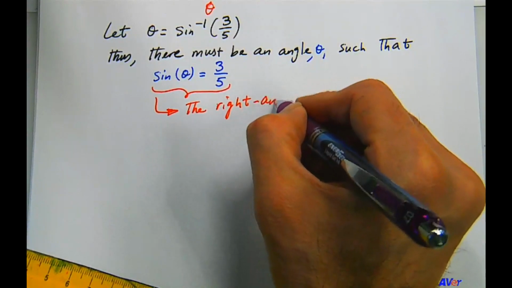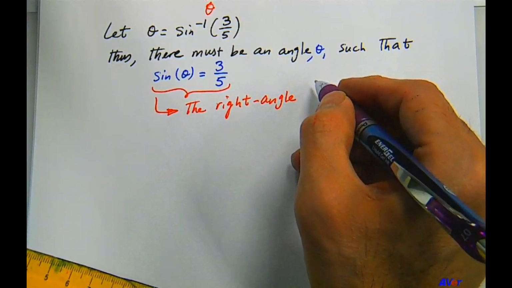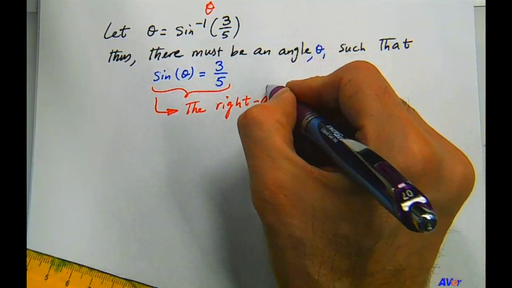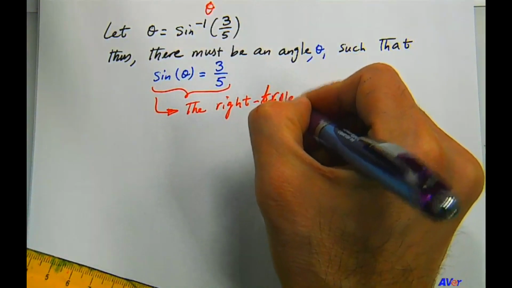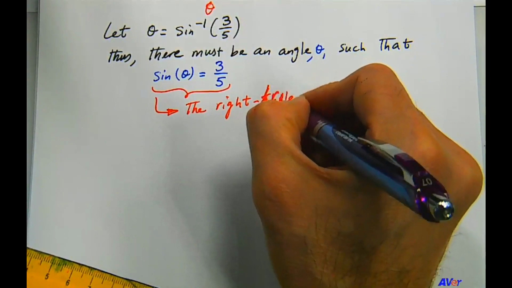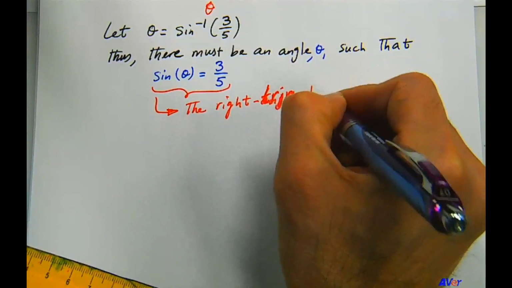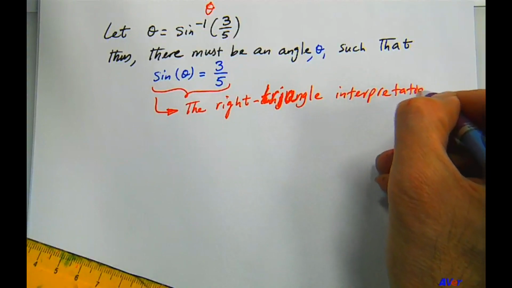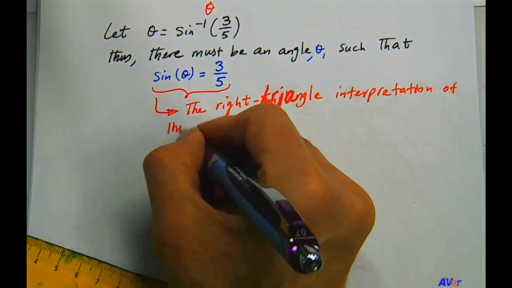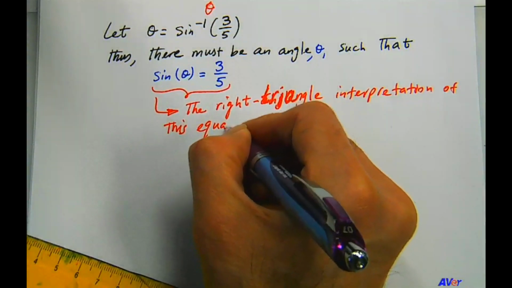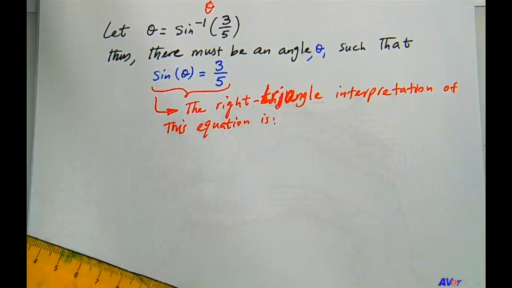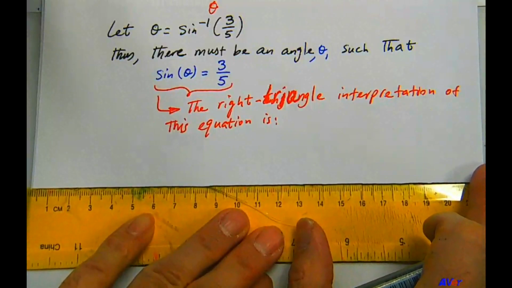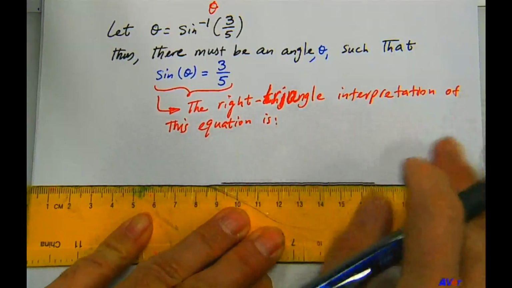So the right triangle, sorry, let me correct this, the right triangle interpretation of that is this figure. So we have that.